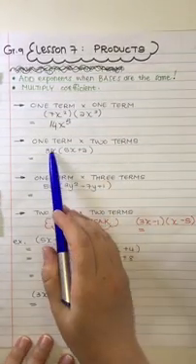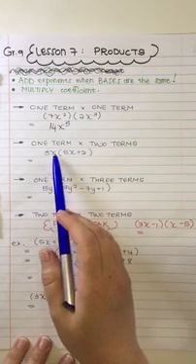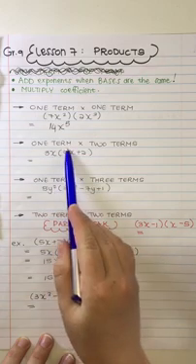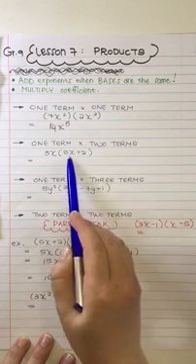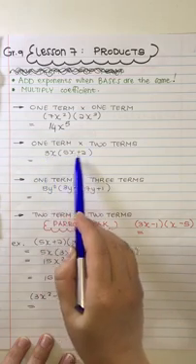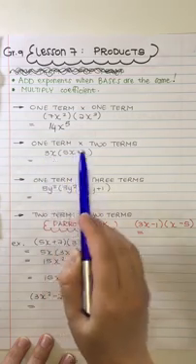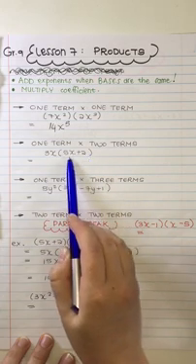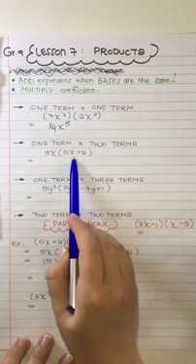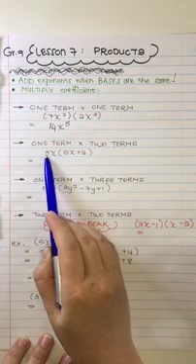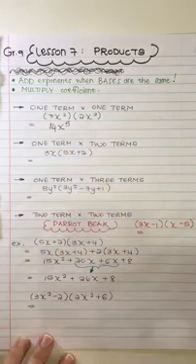The second way you can be asked to do this is to multiply one term with two terms. You see there's a term and there's a bracket. We want to multiply this one with both of these. Remember we can't add these two inside the brackets, so the only way we can simplify this is by multiplying with everything inside the bracket.